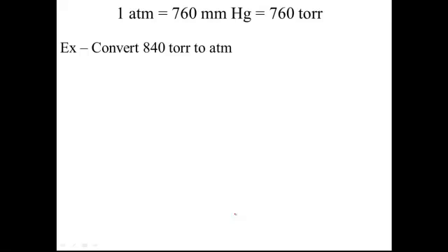If they ask you to convert 840 torr to atmospheres, a lot of times we feel like if we're at torr and we have to get to atmospheres, we have to go here to here. That is not accurate. If you are at torr and you need to get to atmospheres, you can just go directly from torr right to atmospheres using that conversion, because they're all equal to each other, so we can just set one equal to another.